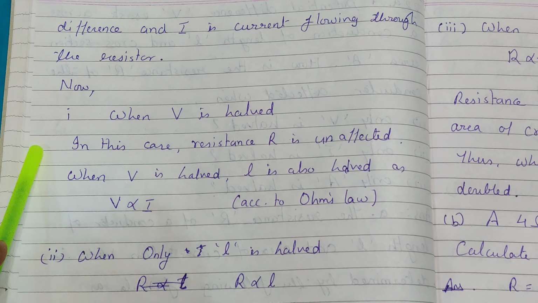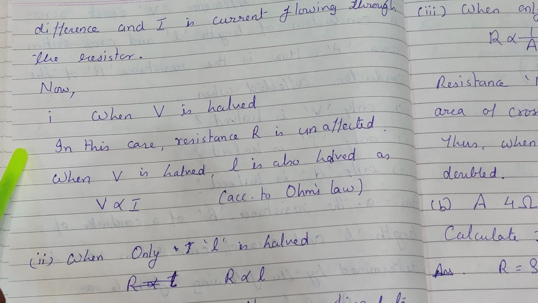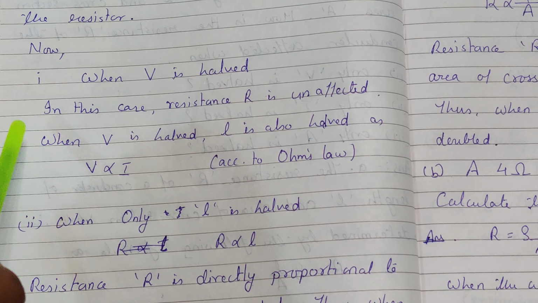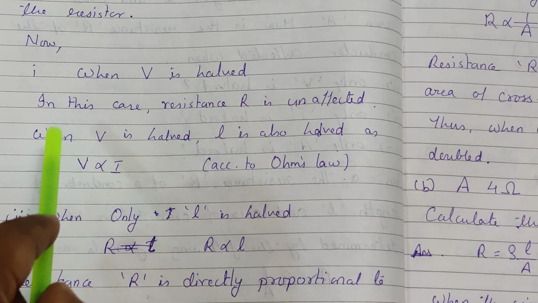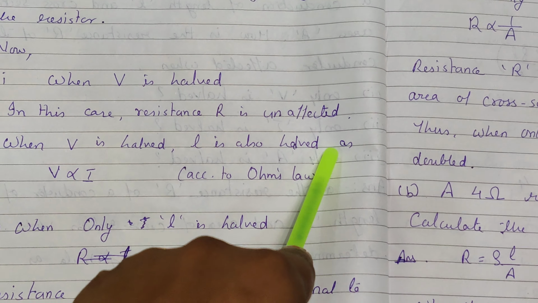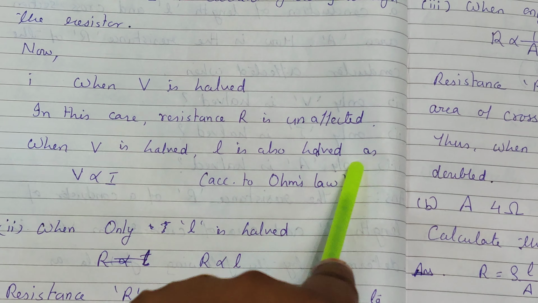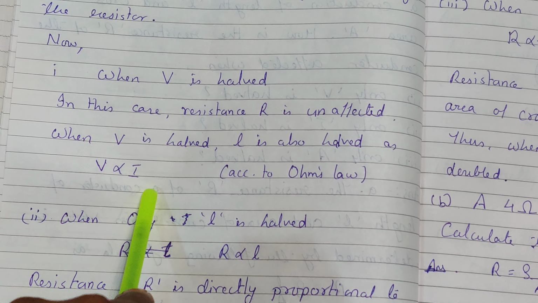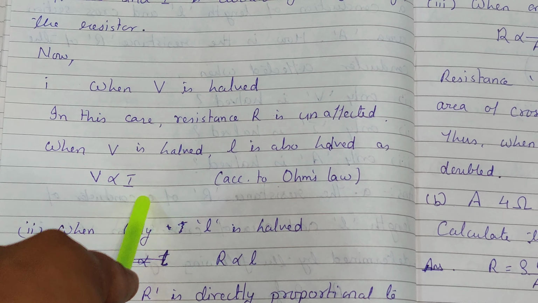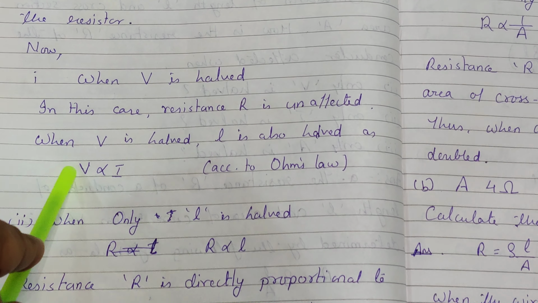In this case, resistance is unaffected. Why? Because when potential difference is halved, the current is also halved, because potential difference is directly proportional to current. This is according to Ohm's law.